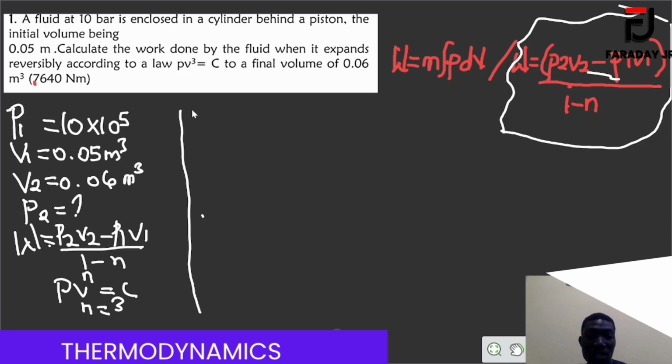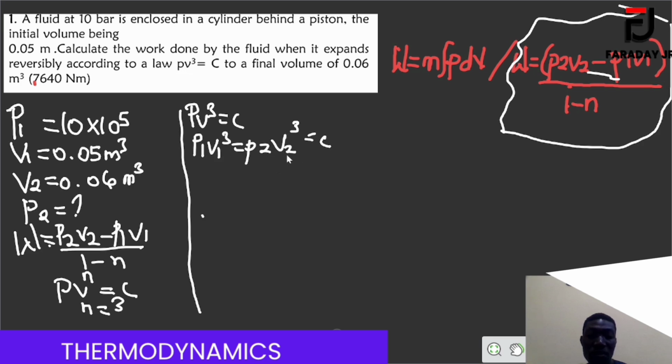Since we have the law PV cubed is equal to C, that means we can have P1 V1 cubed is equal to P2 V2 cubed, which is equal to C. Now I know my P1, I know my V1. Do I know my P2?